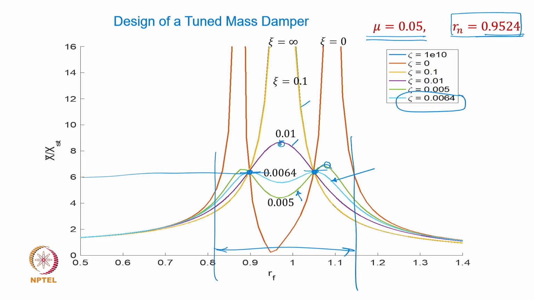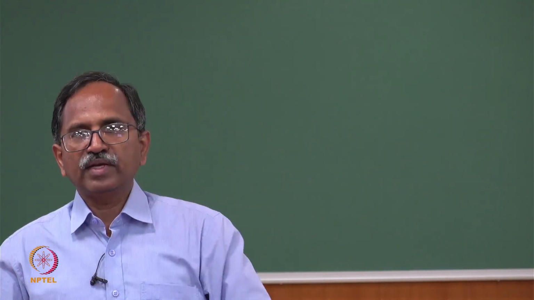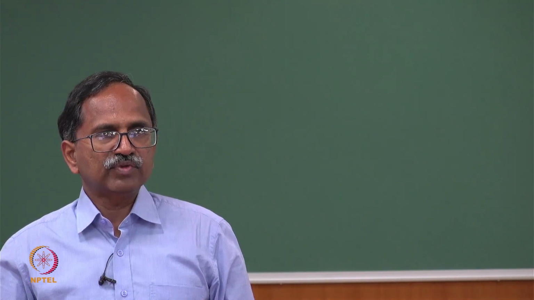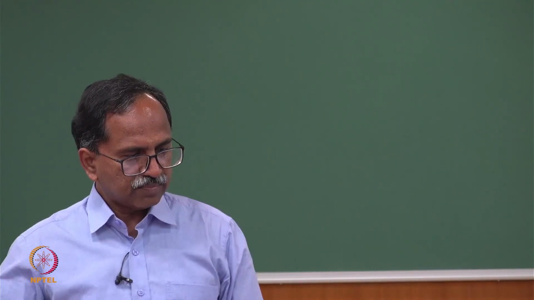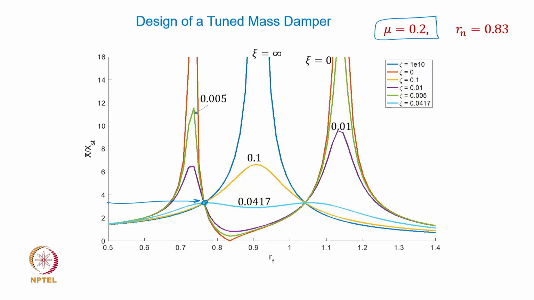Okay, so by choosing the mass ratio, you decide how much maximum amplitude you can allow. Accordingly you can choose the value of mu, and once that value of mu is fixed, Rn gets decided based on that mu, and then zeta has to be decided, and then you will get the response very much within the limits. That is basically the whole approach that we are going to follow.